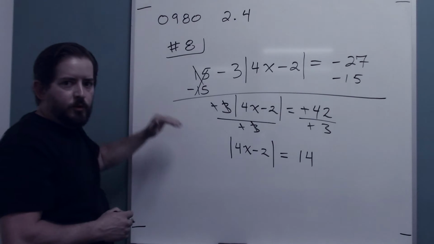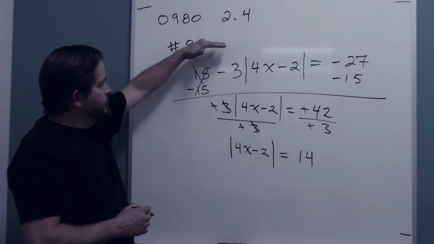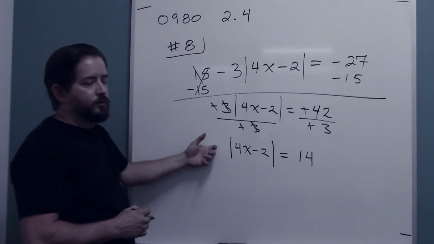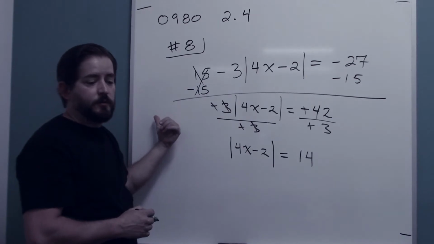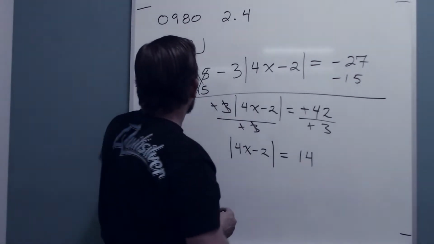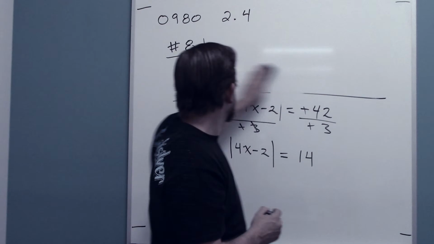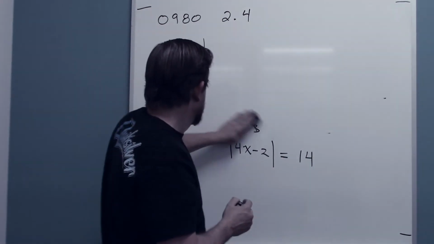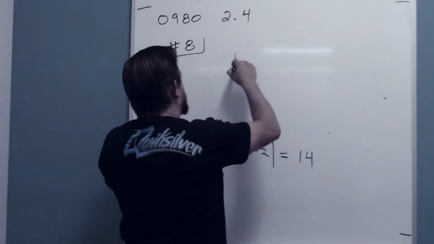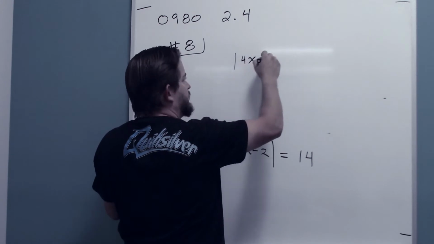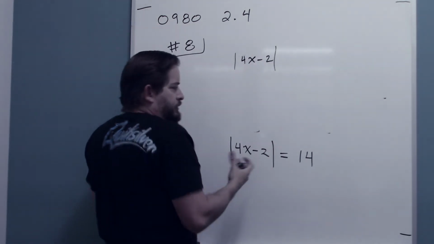And now I need a little more room, so I'm going to take this up and put it up here, but I've simplified it down to similar to number 6. I just have the absolute value of something a little more complicated than x, but it's still just the absolute value of some stuff.